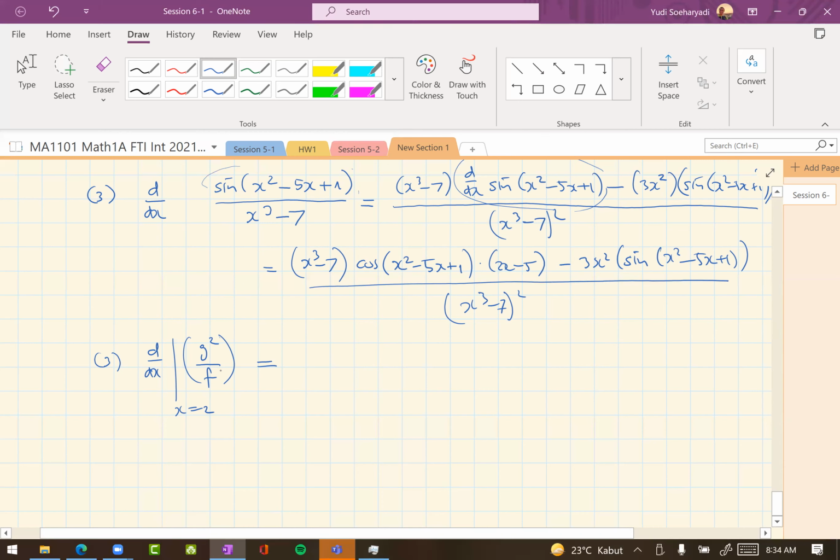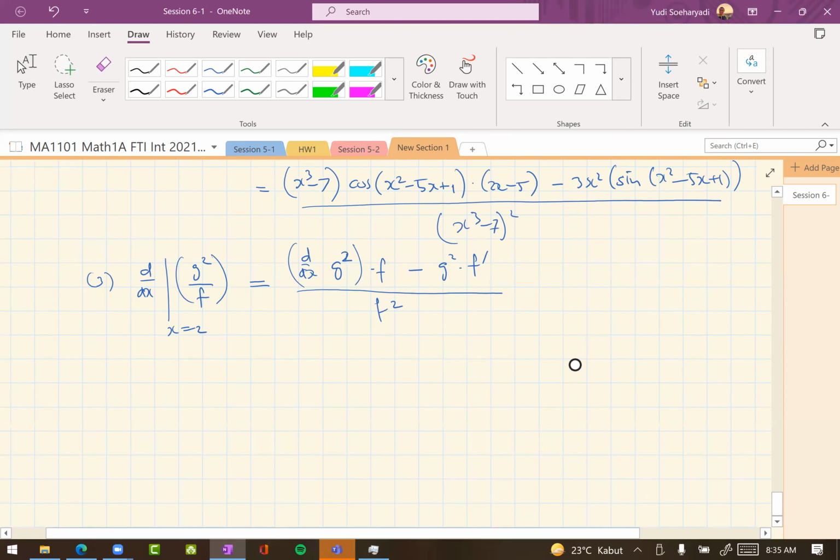First, we have the quotient rule. The derivative of the top, d/dx of g squared, times f, subtract f prime times g squared, all divided by f squared.